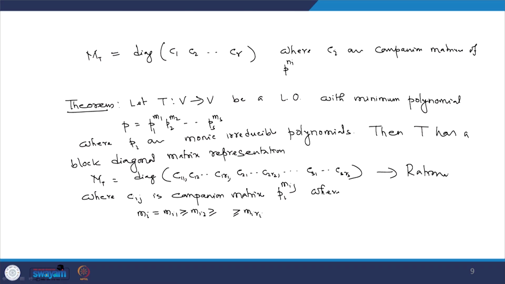And actually this representation that I have done here is called the rational canonical form of the operator T.